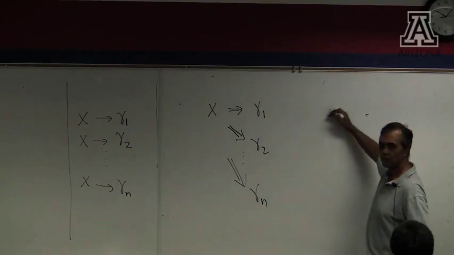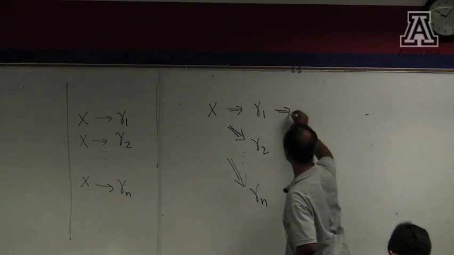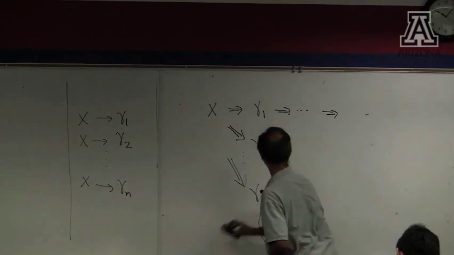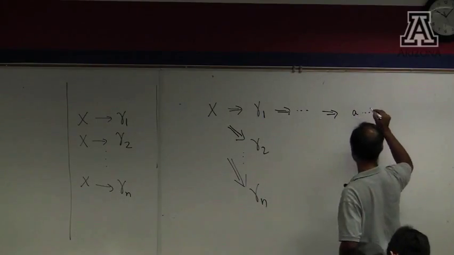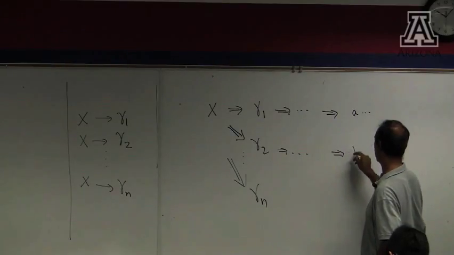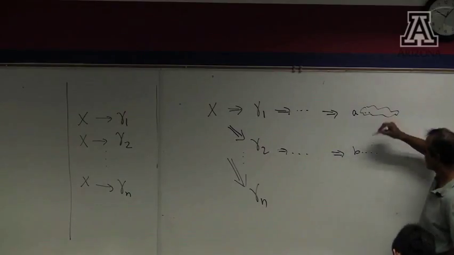And these guys go off and do their own thing, right? Gamma 1 goes off and derives, and eventually it derives, I don't know, A something. And this guy goes off and derives B something. So the something is some sequence of grammar symbols.